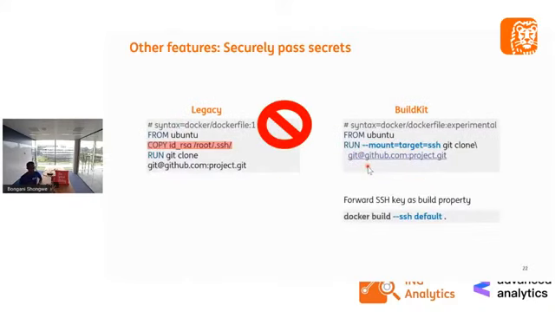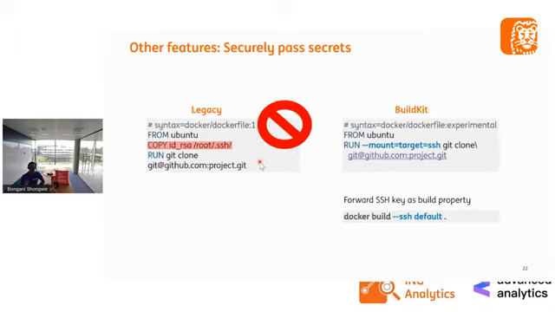Another thing here, with the syntax mounting, don't do what's on the left, especially if you work in a security environment, especially if you work in a bank. Do not copy over your SSH keys or secret keys. Please do not do this, because this will allow your keys to be available later on.